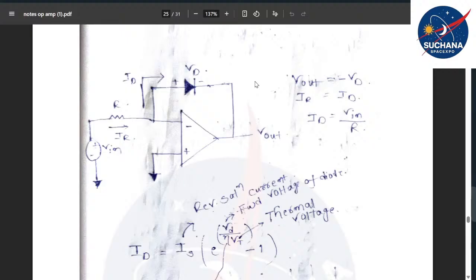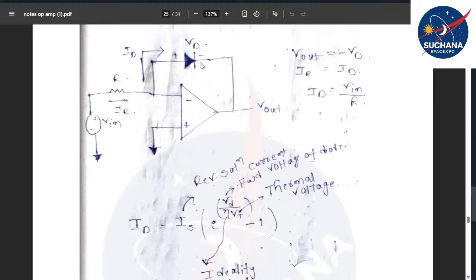So electronics is always a hugely interesting subject. It's really amazing, isn't it? Just by replacing the reactive element, the capacitor, with a diode, it now has the capability to do logarithmic operations.